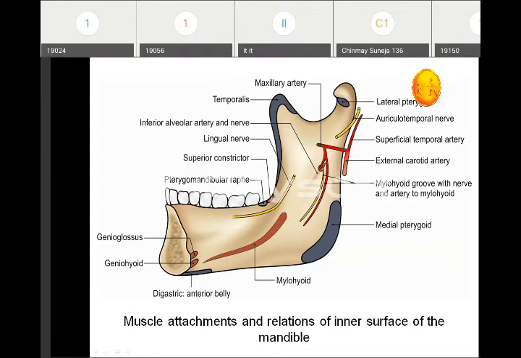Below that, there is the digastric fossa. Digastric means 2 bellies, so the anterior belly is attached on the digastric fossa. Then on the ramus, at its inferior aspect, the rough area, there is insertion of the medial pterygoid muscle, again one of the muscles of mastication.